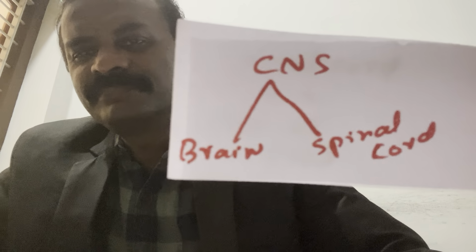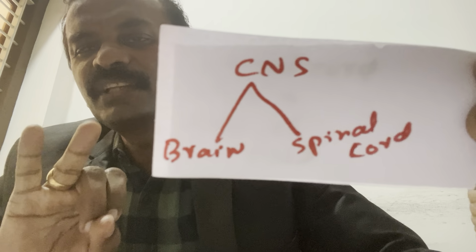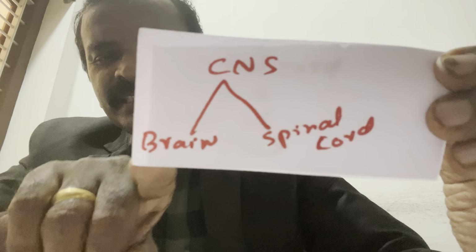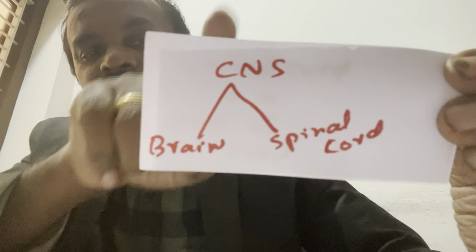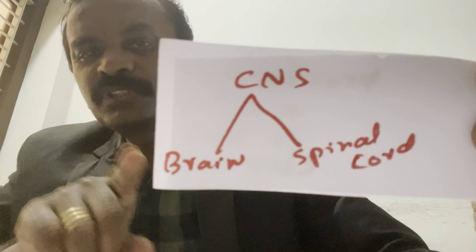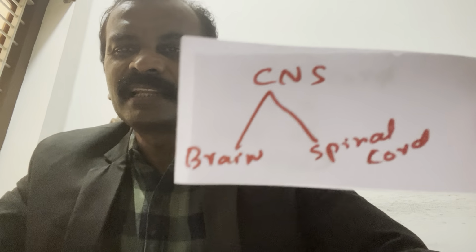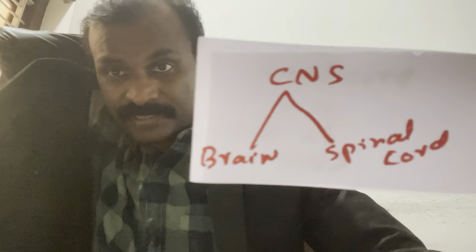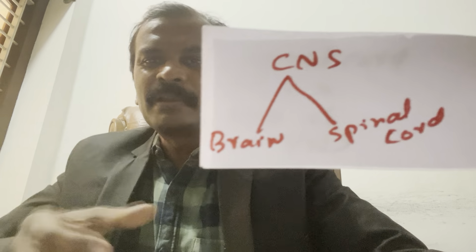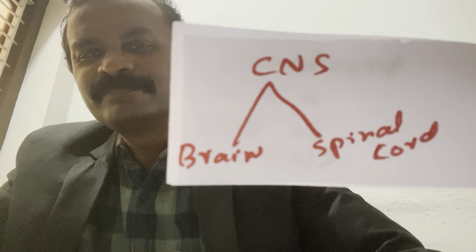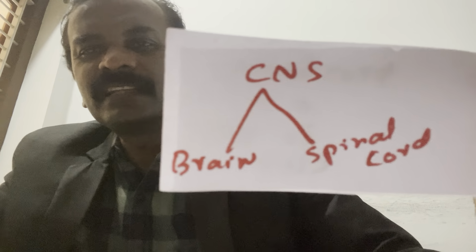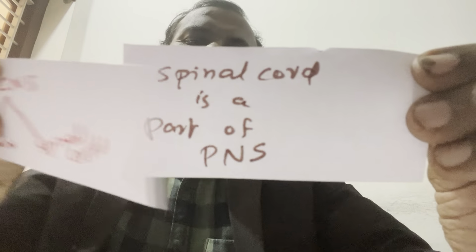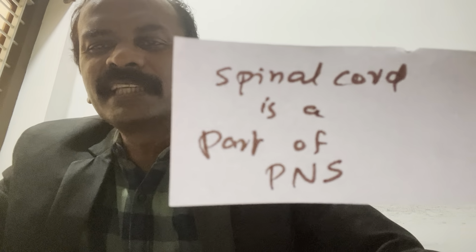Central nervous system, CNS, is divided into brain and spinal cord. You must know brain is a part of central nervous system, and spinal cord is a part of central nervous system. This is our brain and this is our spinal cord, that vertebra. If you know this, you can answer this. So it is a wrong statement.